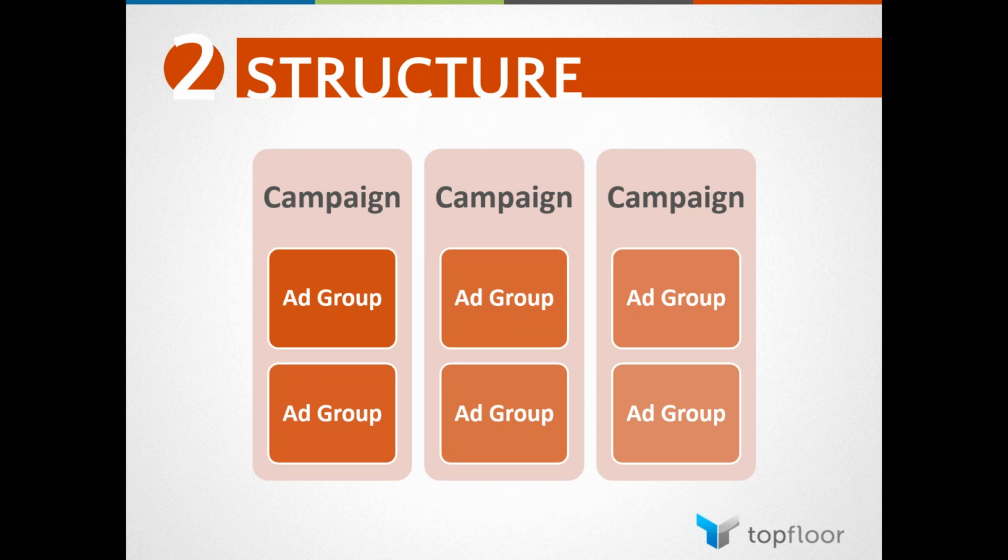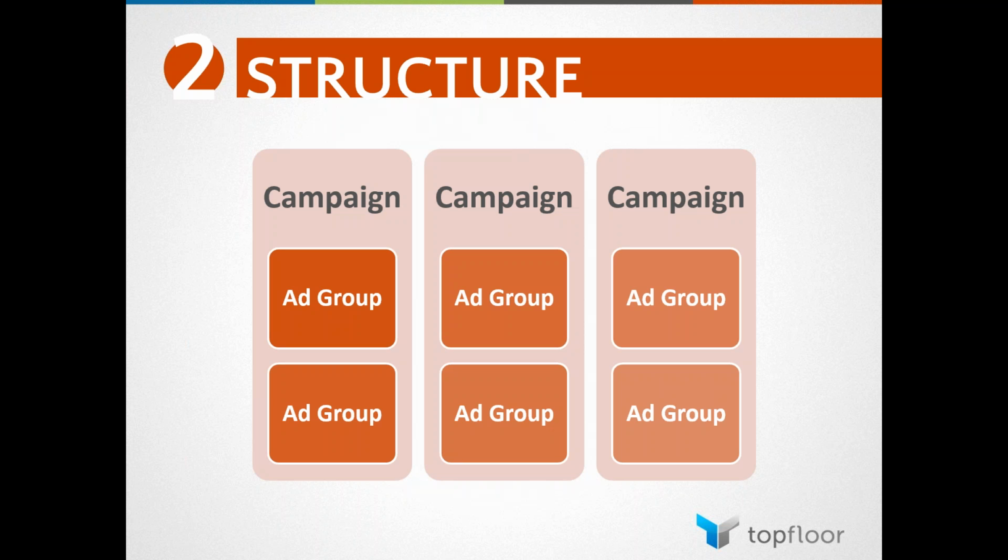So here's a typical structure. You have campaigns. They each have their own major theme, so to speak, and then you have ad groups underneath that. So if you're talking about DeWalt tools, DeWalt has drills, they have saws, they have miter saws, they have a wide range of different tools, and you'll want to break those down so that in one ad group you're going to talk about the miter saws, and in another you're going to talk about drills, and you may talk about hand saws, you may talk about what other kind of tools they have.